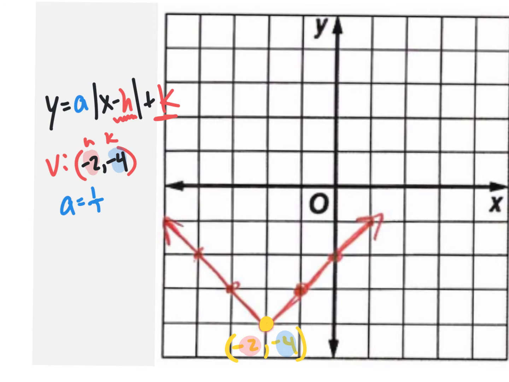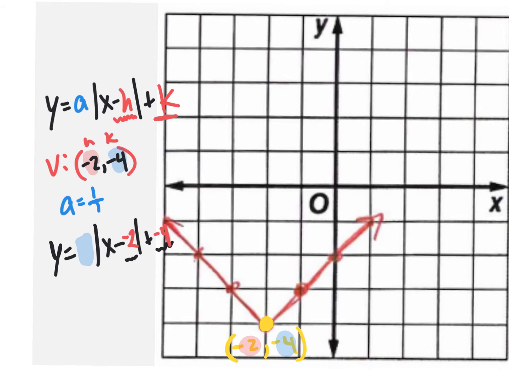So once again, let's rewrite our function y equals a, absolute value of x minus h, plus k. So we're going to put our h right there and our k right there. Our h is -2, our k is -4, and our a value is 1 over 1. So we don't even need anything in this spot right here, because 1 over 1 you could just leave like an invisible 1 right there.